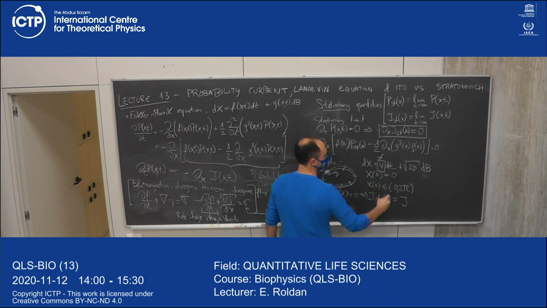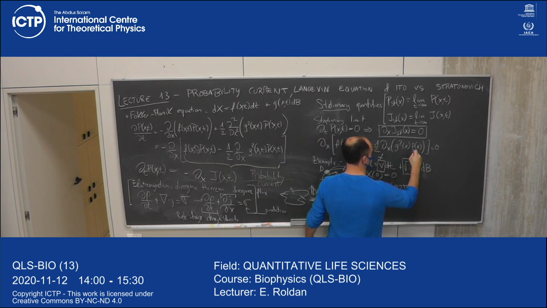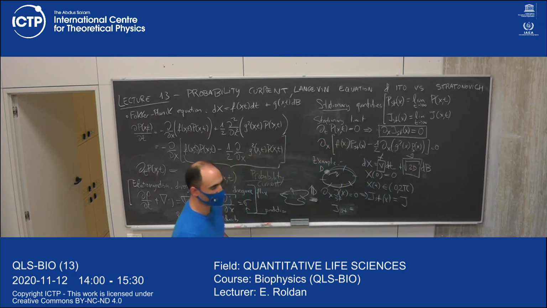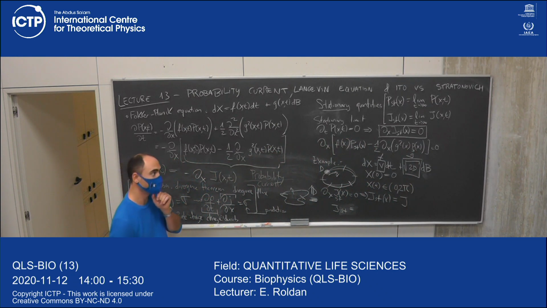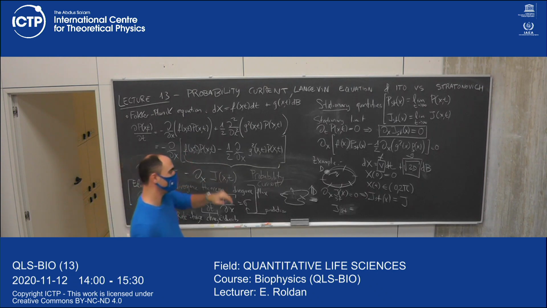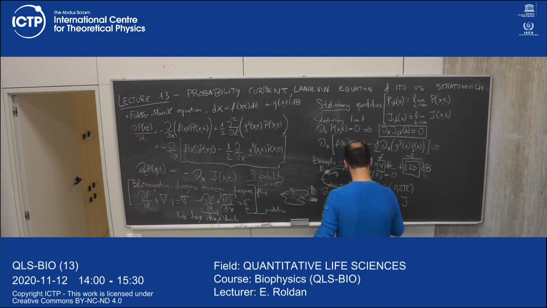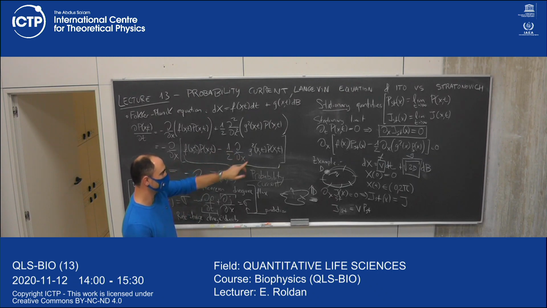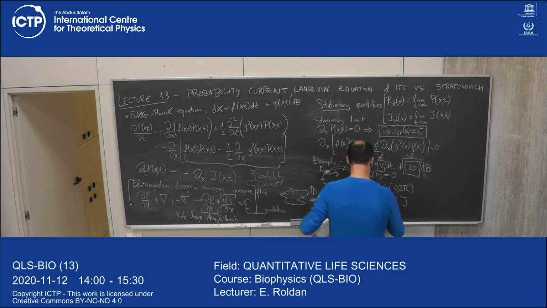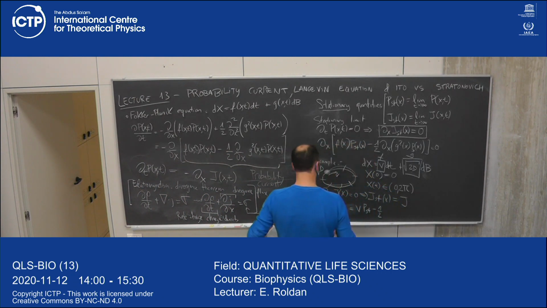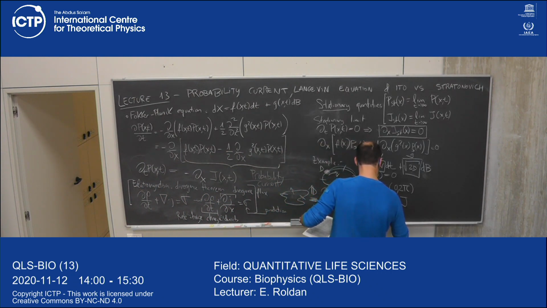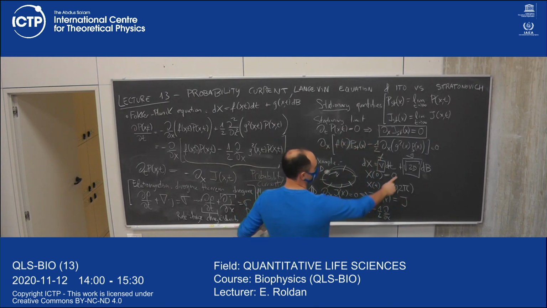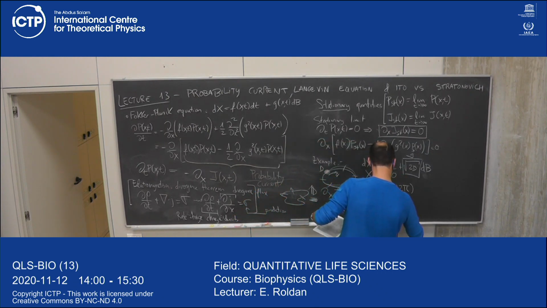We write dx is f dt plus g dW. So you come here and this F is V, times P stationary. And then the next term is minus 1/2 partial x of g squared P. So minus 1/2 partial x, and then g squared is the square of 2D.